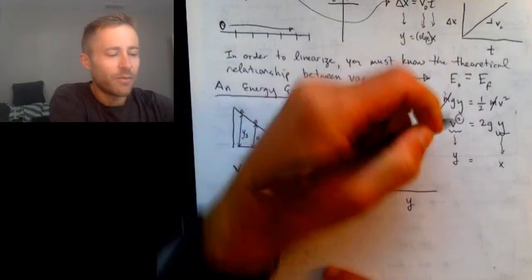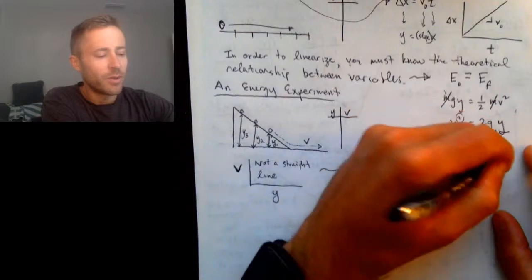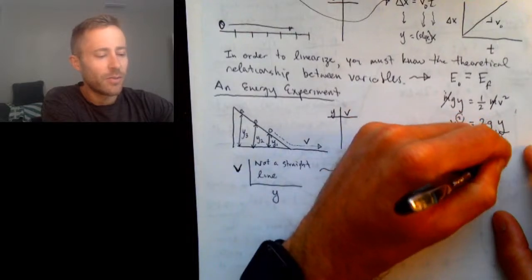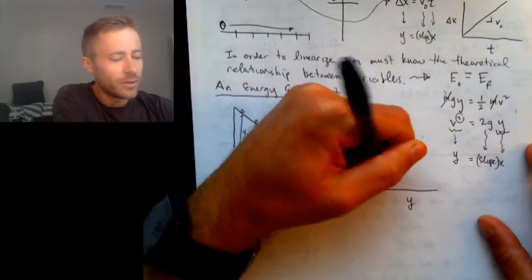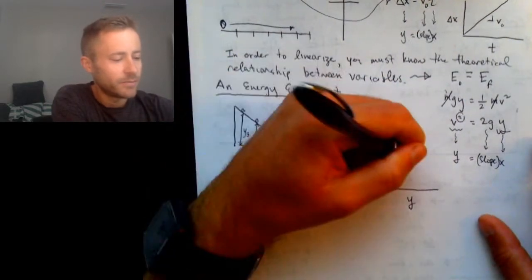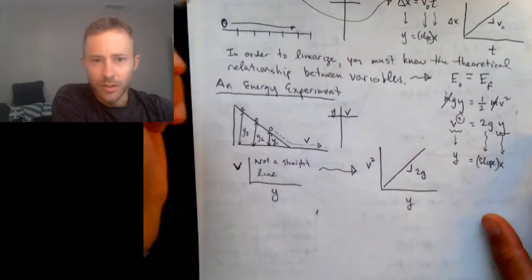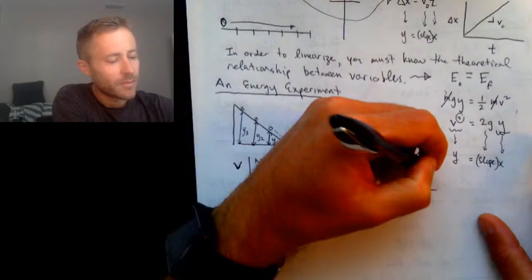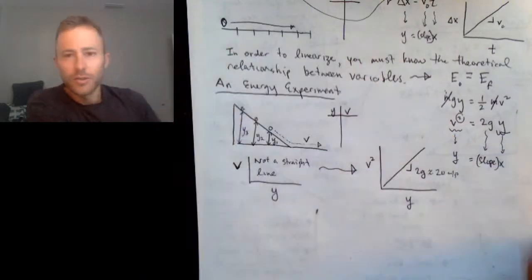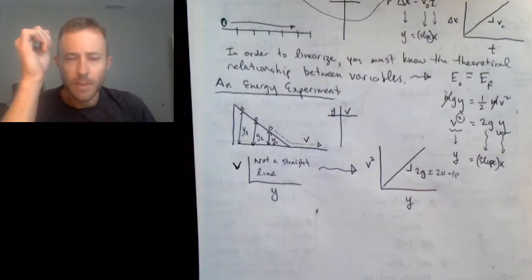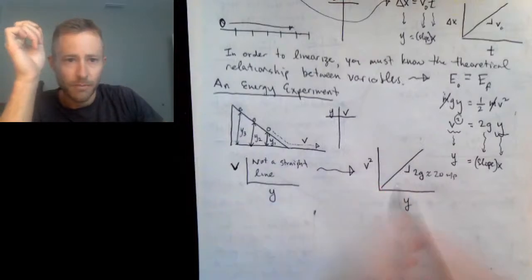And so if I make those replacements, the number that multiplies x is the slope. And so I can see that the slope is going to be 2g, which would mean it should be approximately 20 meters per second squared. So what we've done here is we have linearized the graph.